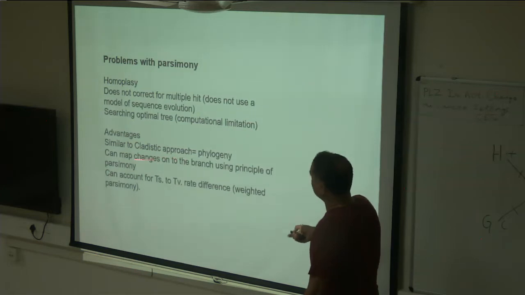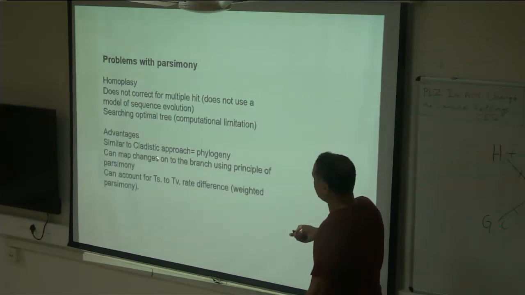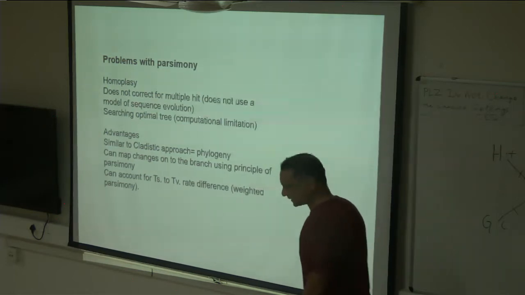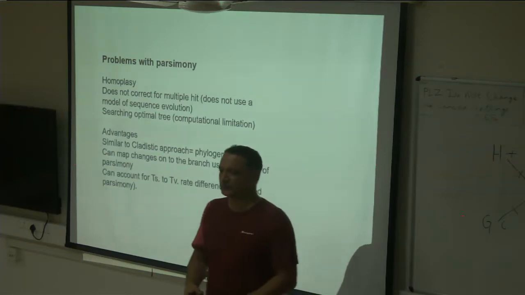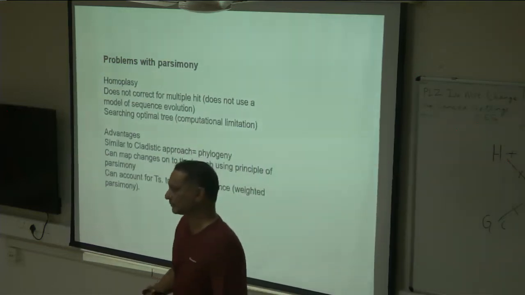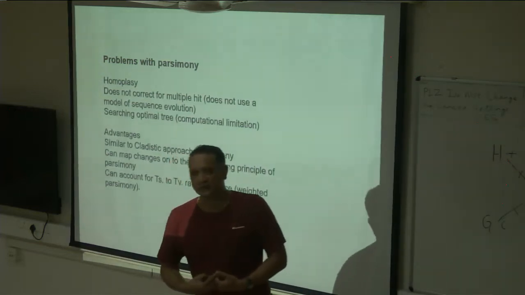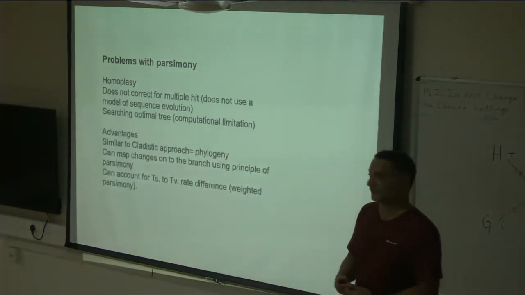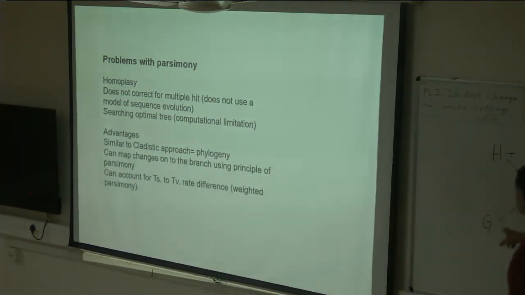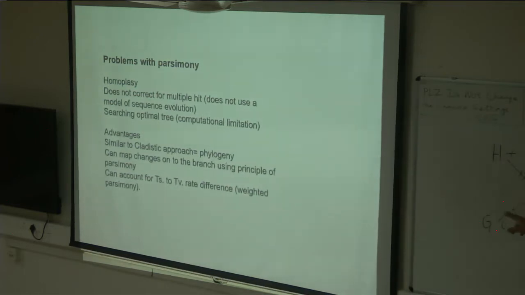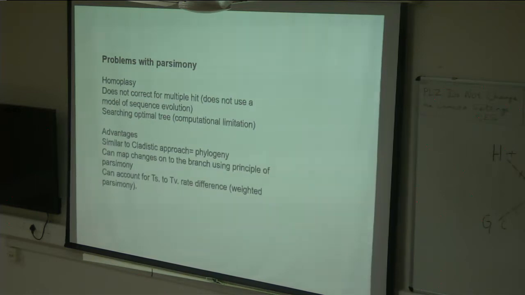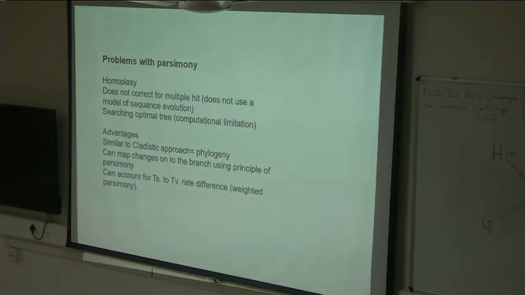Okay. All right, as I said, parsimony is like a cladistic approach. But the problem with parsimony is it does not use a model of sequence evolution to correct for multiple hits. Remember these changes from C to a T or whatever, we are just assuming that only one change has occurred.